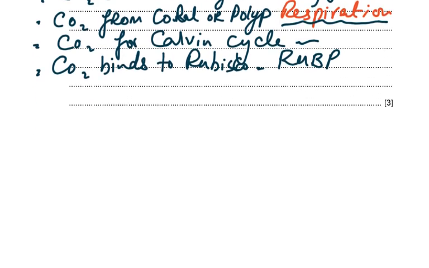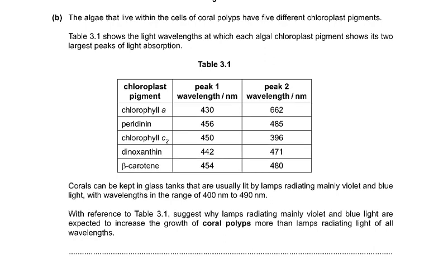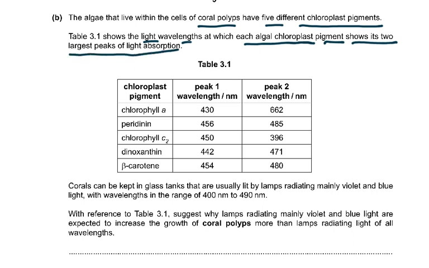Now coming to part B of the question, which is a table. The algae that live within the cells of coral polyps have 5 different chloroplast pigments. Table 3.1 shows the light wavelengths at which each algal chloroplast pigment shows its 2 largest peaks of light absorption.